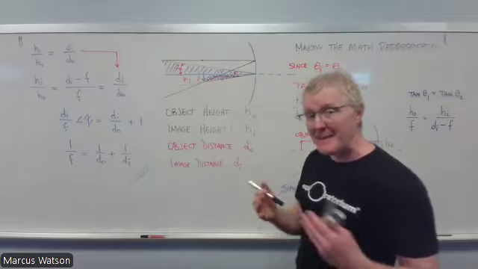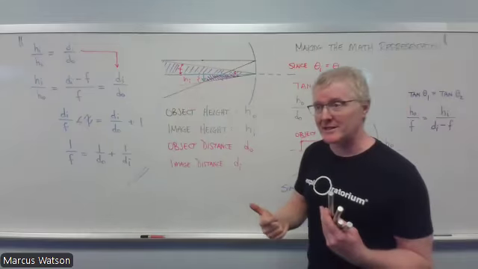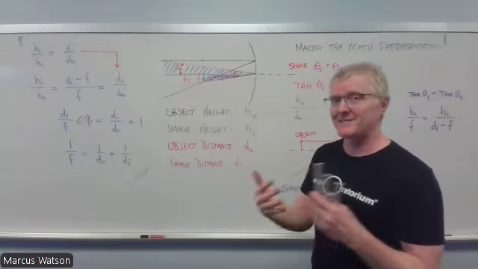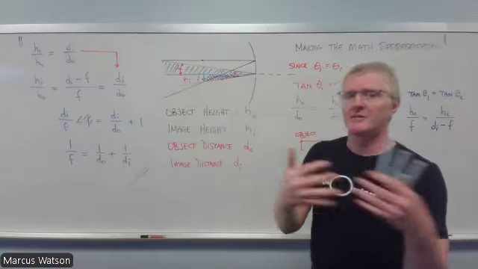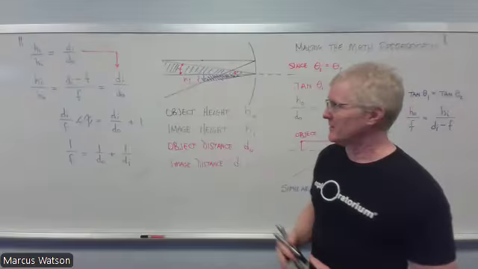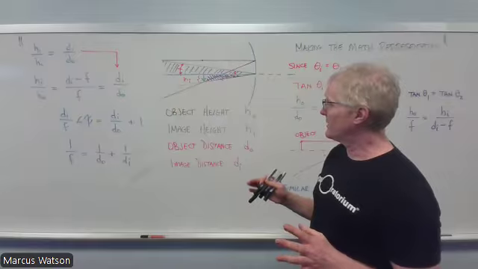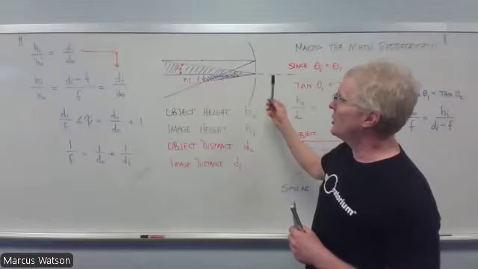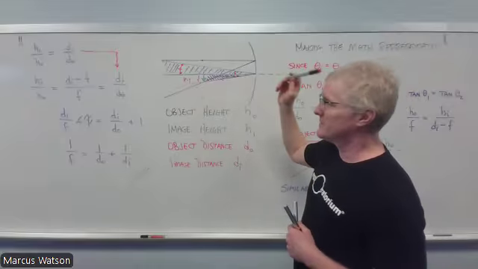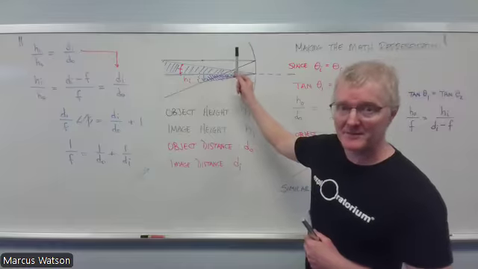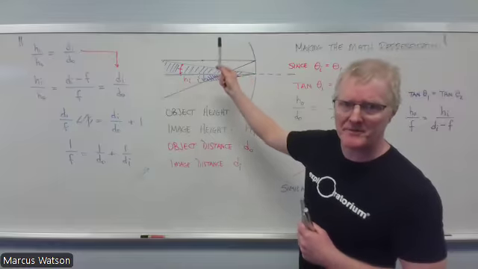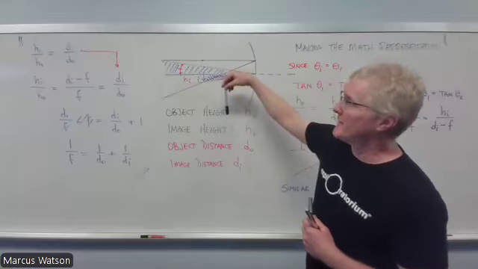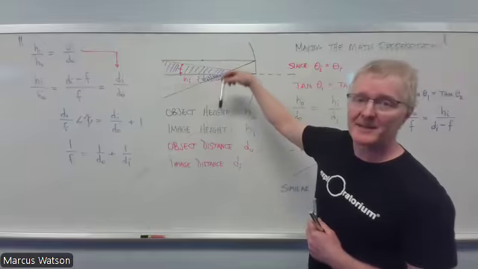All right? That means then that I'm going to inherently start ascribing positive and negatives to real and virtual images. Okay? And the same thing's true with the object height and the image heights. I'm going to call the object height positive, because I always draw the object above the axis here. If I get an inverted image, then I'm going to call that a negative height.